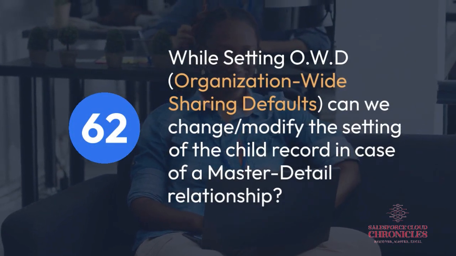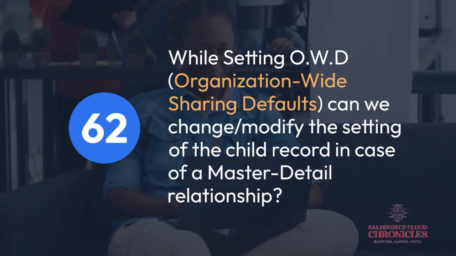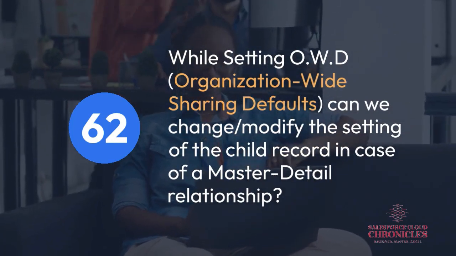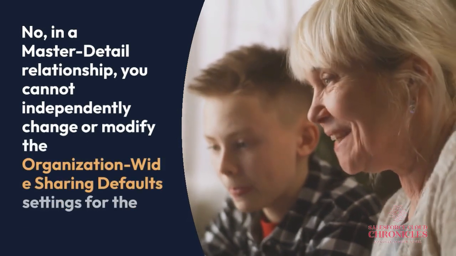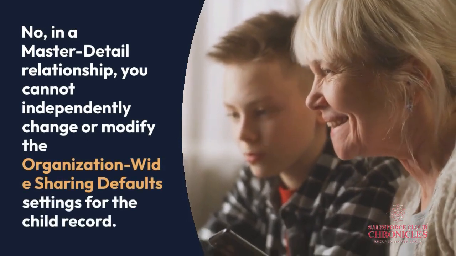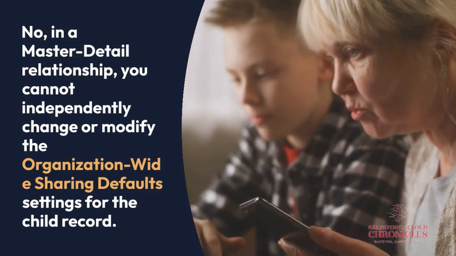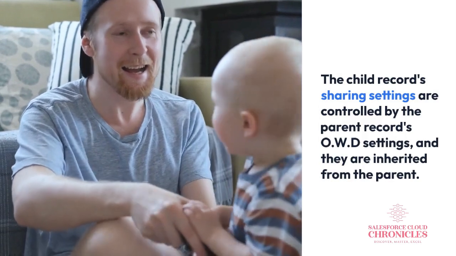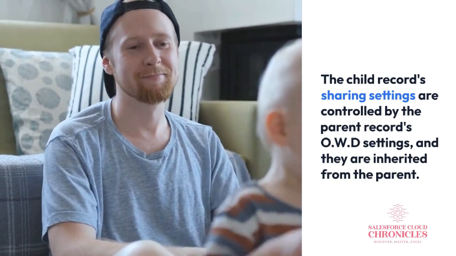Question 62. While setting OWD, organization-wide sharing defaults, can we change or modify the setting of the child record in case of a master detail relationship? No, in a master detail relationship, you cannot independently change or modify the organization-wide sharing default settings for the child record. The child record's sharing settings are controlled by the parent record's OWD settings, and they are inherited from the parent.